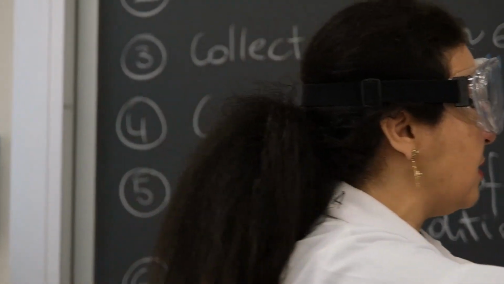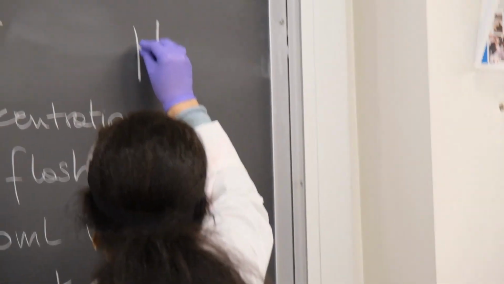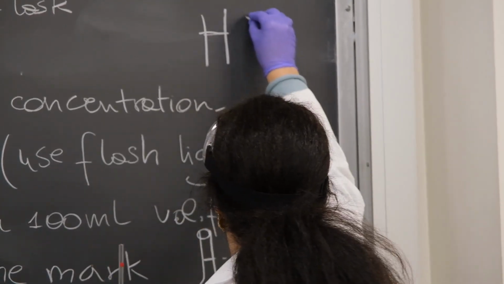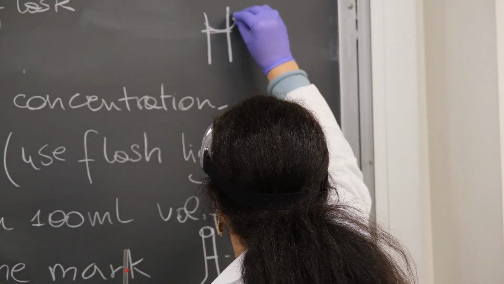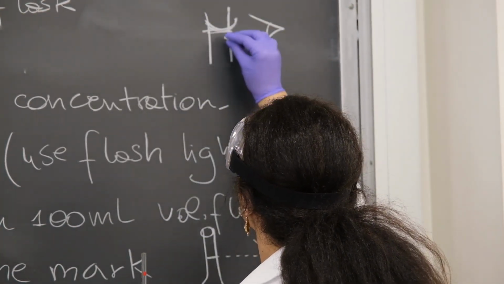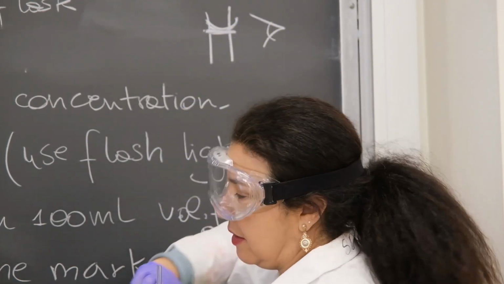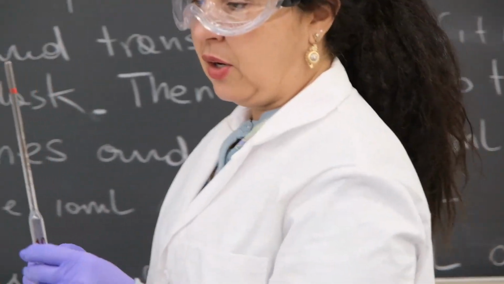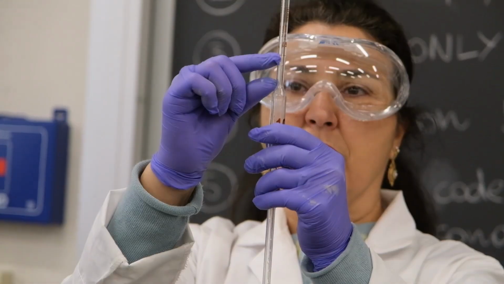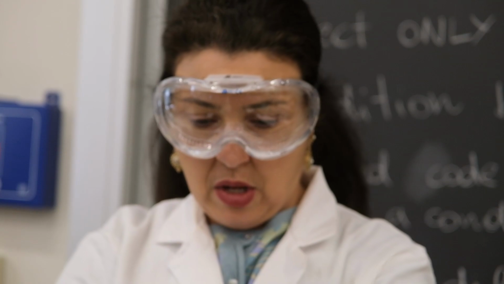The meniscus has to be, if you remember, if this is the line, the meniscus has to be touching the line, okay? So the lower part of the meniscus. And your eyes have to be aligned to the line that you have in your volumetric pipette.